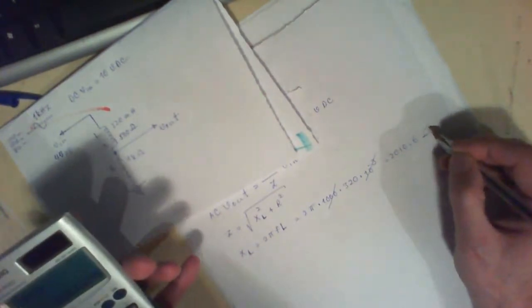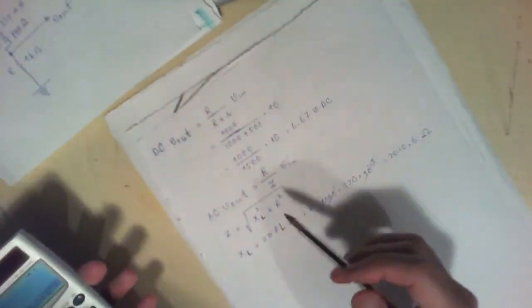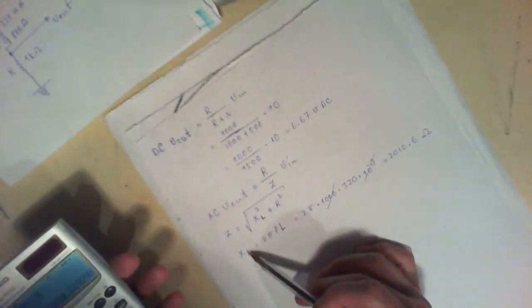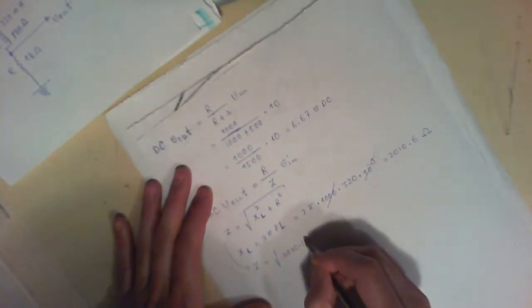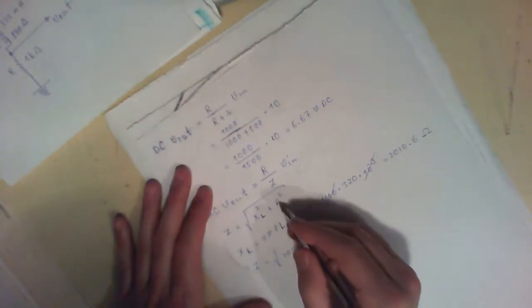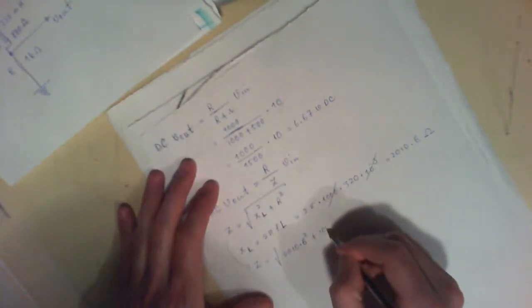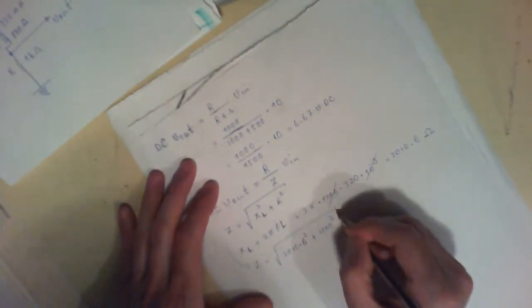That's actually the reactance of the inductor at the frequency of 1 kilohertz. So now your Z is equal to the square root of X of L squared, which is 2010.6 squared, plus R squared, which is 1000 squared.